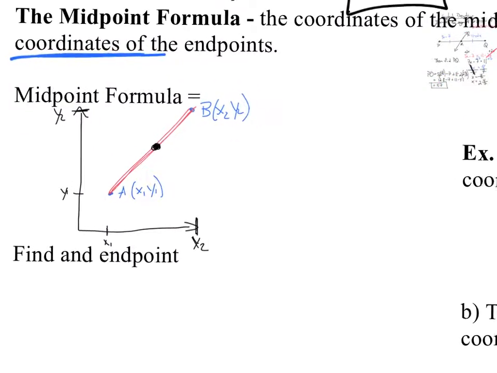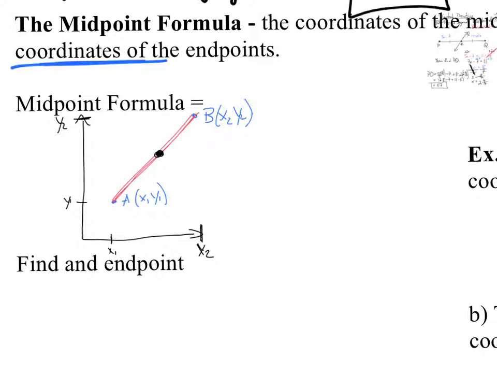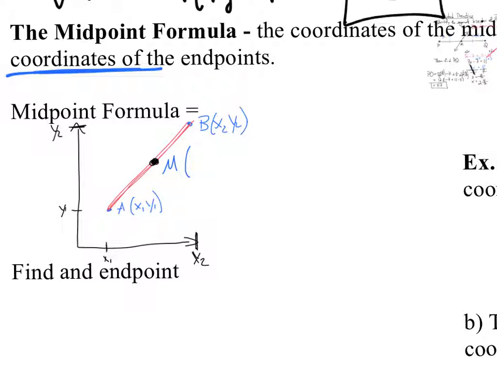So if I'm averaging them, then this point M should equal the averages of the x's: x2 plus x1 divided by 2, because I want the average, comma, so that's my x coordinate, y2, or sorry, plus y1 divided by 2, and that's my y coordinate.